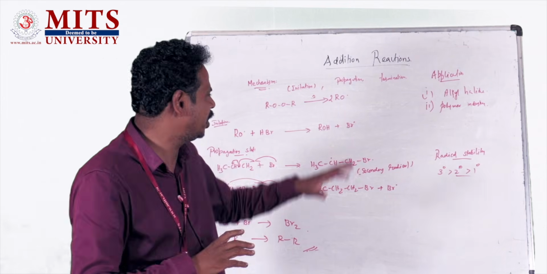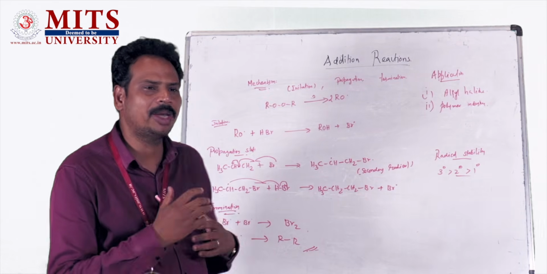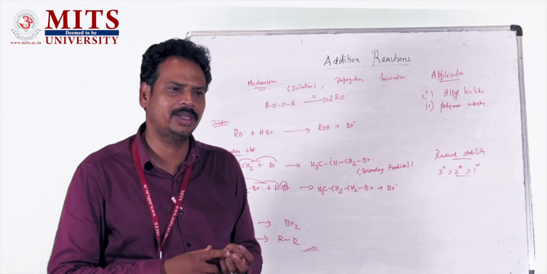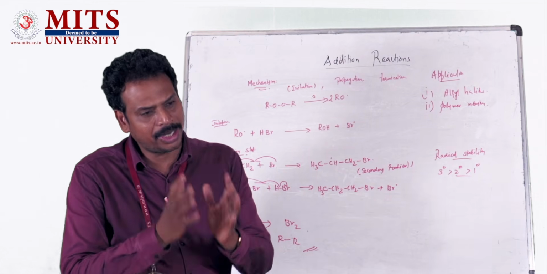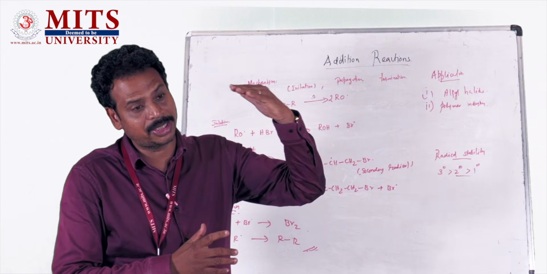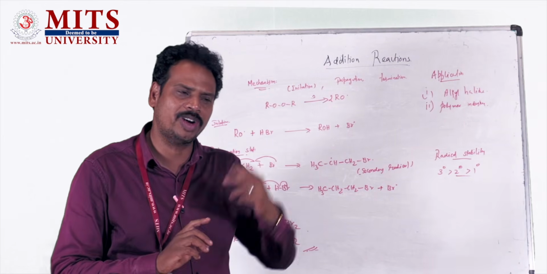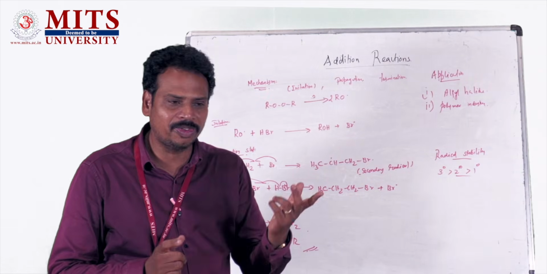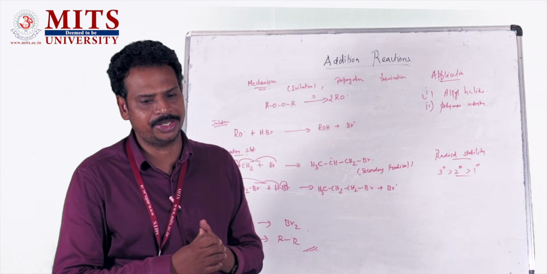There are different types of addition reactions we have seen: electrophilic, nucleophilic, and free radical addition reactions. So depending upon the attacking species, they are categorized. If the attacking species is an electrophile, it is electrophilic; if a nucleophile, nucleophilic; and if a free radical, it is a free radical addition reaction.